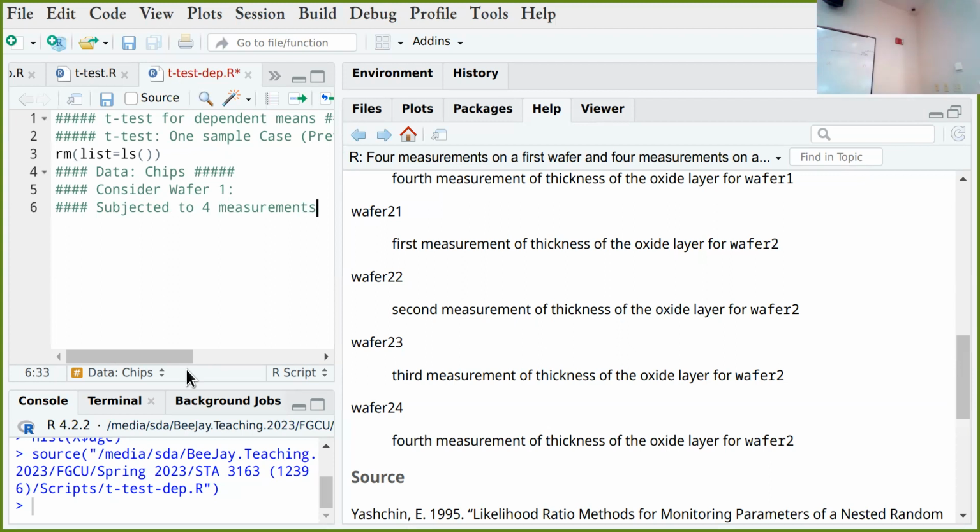So if I find, let's say, an average thickness of oxide layer for the first wafer, first measurement, and then I looked at the average thickness using the second measurement, do you believe that the measurements are related?